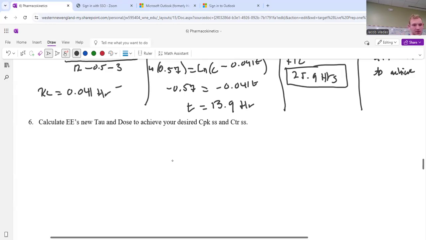All right, so tau equals ln. Your desired peak for vancomycin is 20 to 40, so you can just use 30. And then your target trough is 10 to 15, so you just use 12.5.